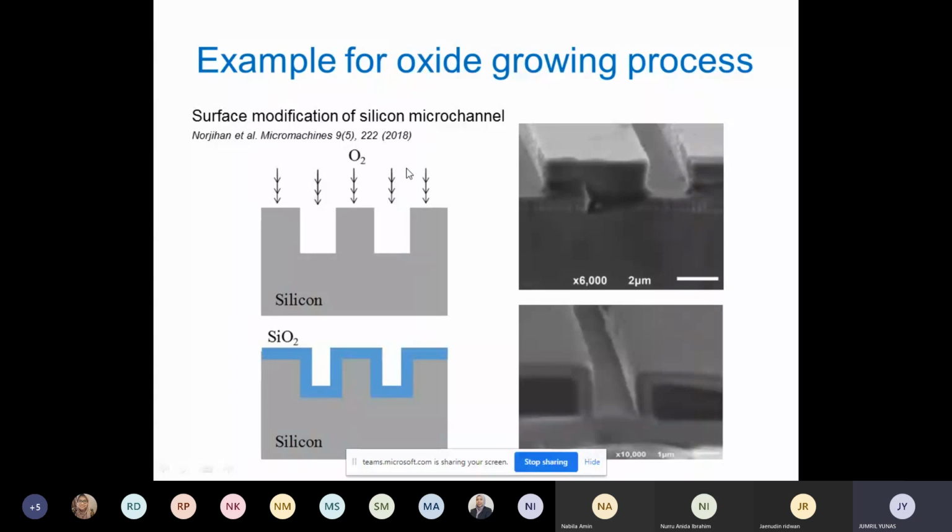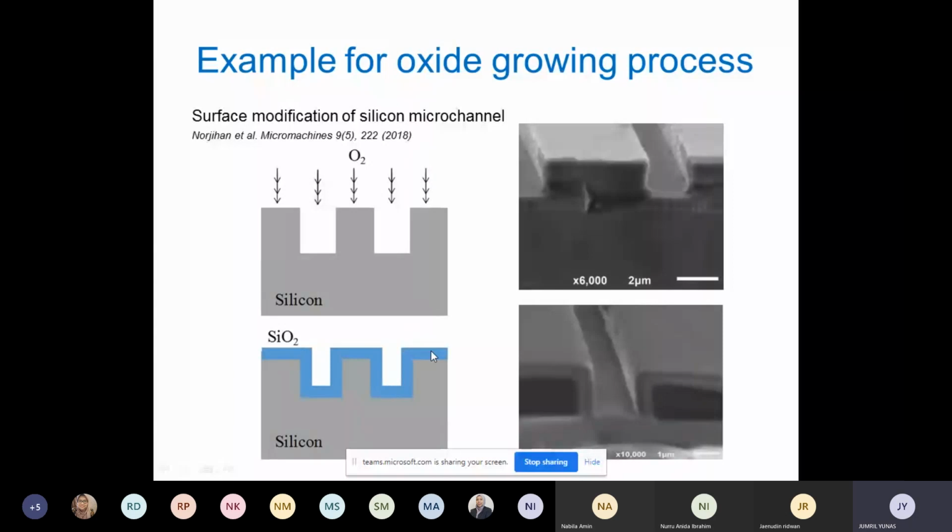Then we bring our sample, this silicon trench, into our oxidation chamber. Then we flow oxygen in the heated chamber, and the result is the growth of a silicon oxide layer.